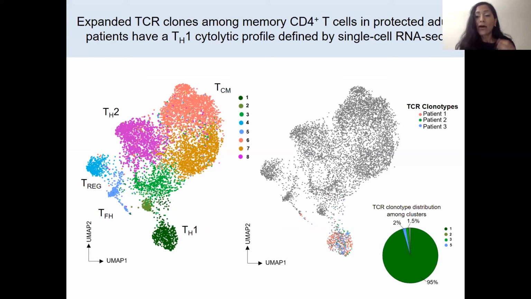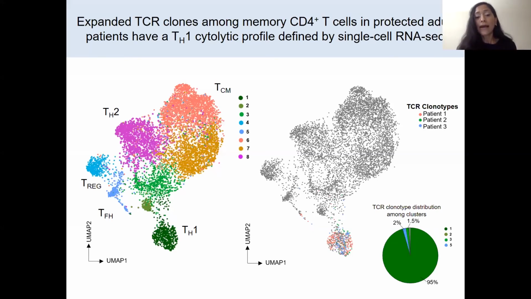And indeed, across the 3 patients, we were able to identify expanded T cell clones within this memory population. And interestingly, among all the 3 patients, these T cell clones fell within this cluster of Th1-like cells. And this is summarized in the pie chart, where a majority of expanded T cell clones fell within this green cluster of Th1 cells, and only a small population of them fell within the regulatory subset.